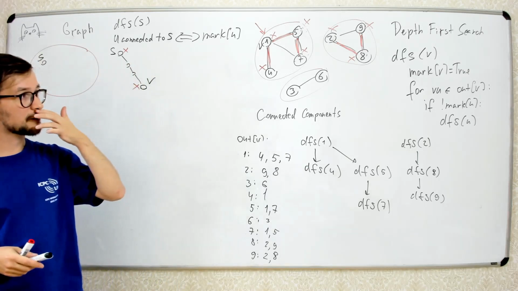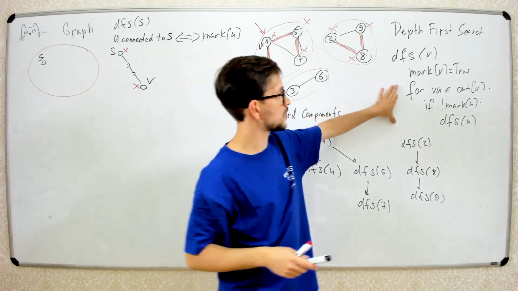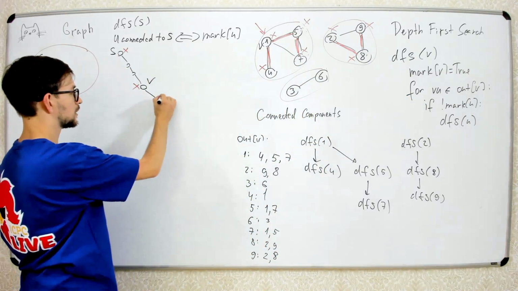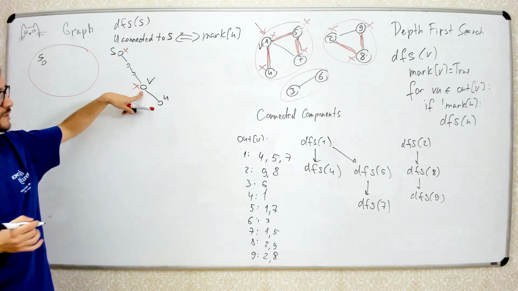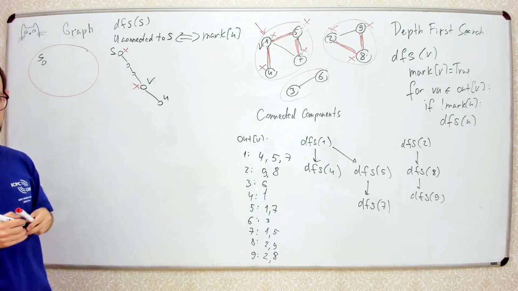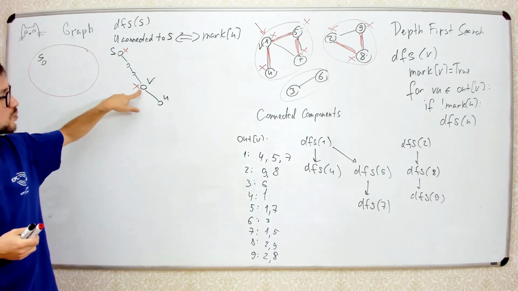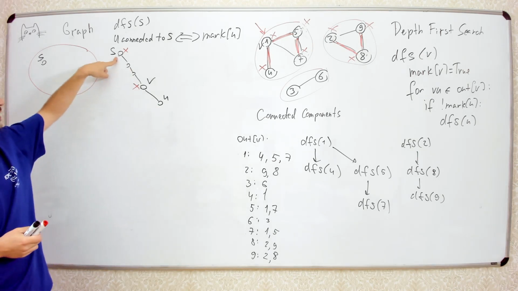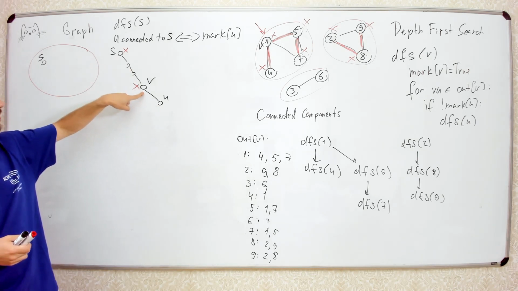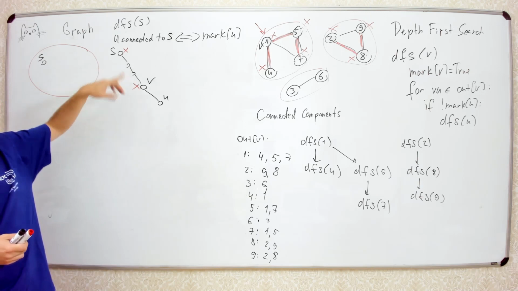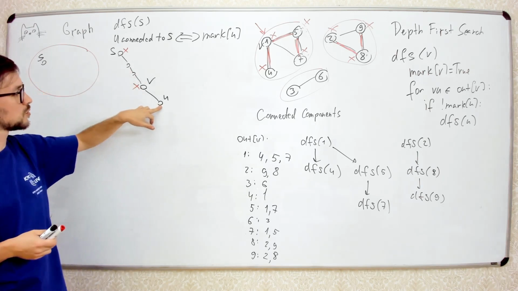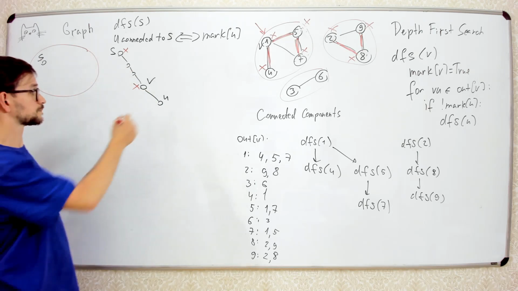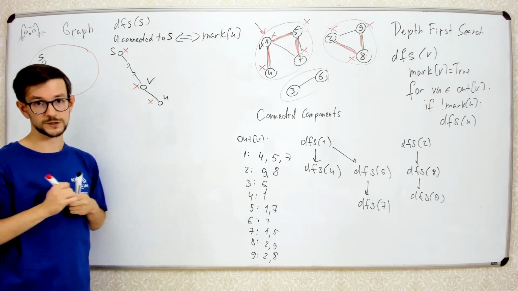Now let's see what happens in this procedure. We iterate over all edges from this node V, take this node U, recursively go there and mark this node. If we go there and mark this node, it means it is connected to node S, because this node is connected to this node and this is connected to S. So just by transitivity, U is connected to S. That's all.